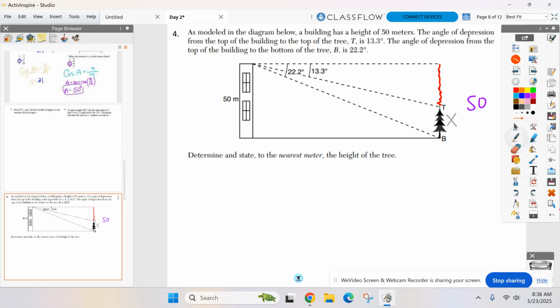Do you see that this little side that I need here to subtract from 50 is part of this right triangle? Problem is, though, I can't use sine, cosine, or tangent because I don't know another side length. Can you get me another side length, though, of that triangle I just highlighted? I hope so. You don't need to use that. We could use, how about this right triangle instead?